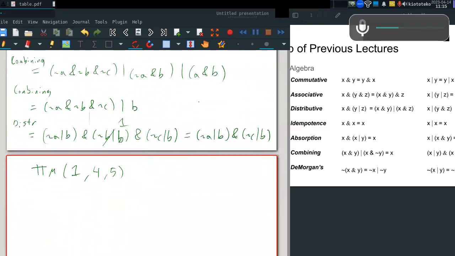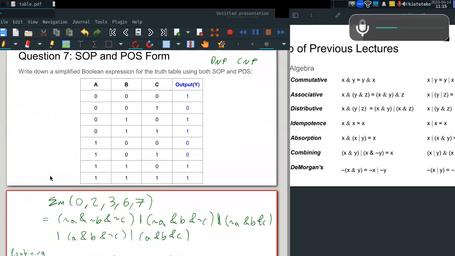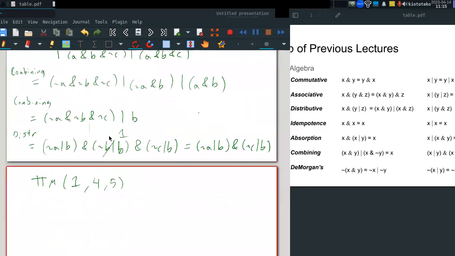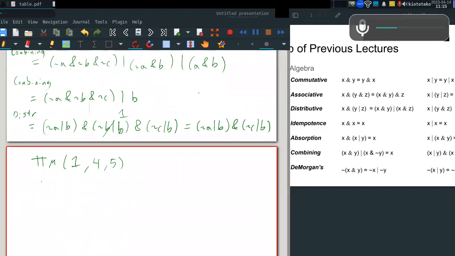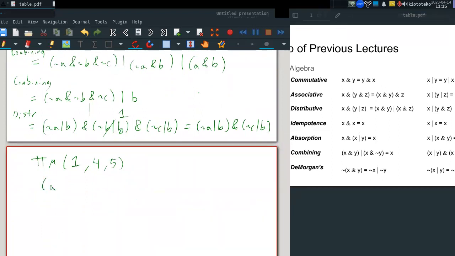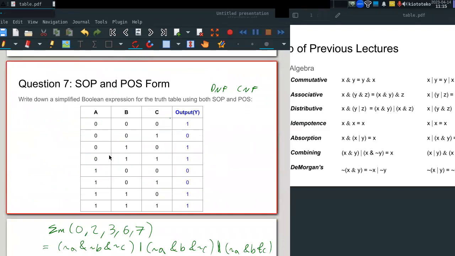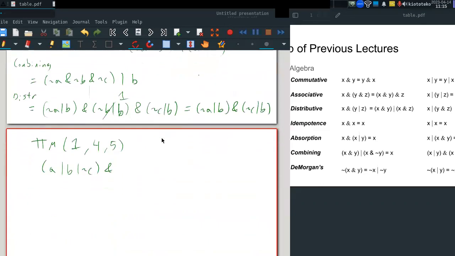Now you need to express this as a product of sums using the max terms, no? The way you can do it is by checking again the combinations 0, 0, and 1. In this case, you apply inverse logic, so it will be A or B or not C. So A is 0, B is 0, and not C is 1, as it's here, no?